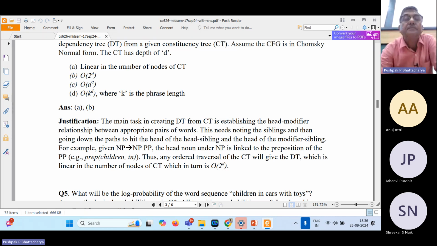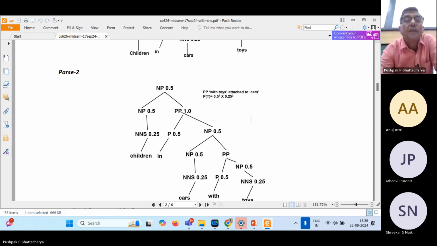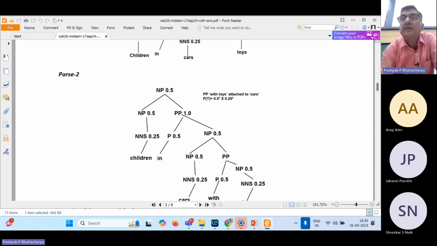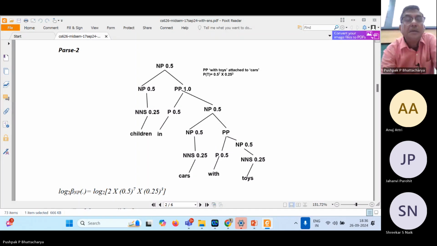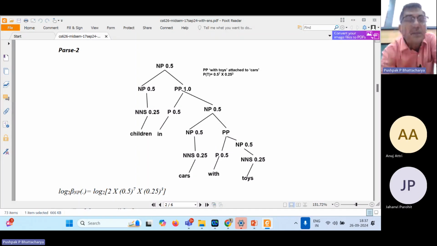Here, children and in. Children is below NNS and in is below P. So the head of the NP is children and the head of PP is in. So you link with prep relation.